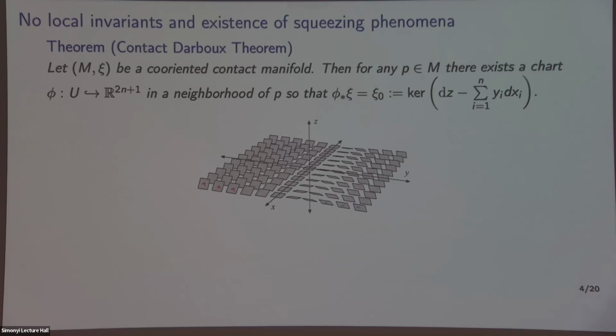Okay, so in contact geometry, we have the same kind of non-existence of local invariants as in symplectic geometry. More precisely, if you have a co-oriented contact manifold, then for any point in your manifold, there exists a chart such that in this chart, your contact distribution looks like the standard contact distribution in R^(2n+1), given by the kernel of the one form dz minus the sum of y_i dx_i.